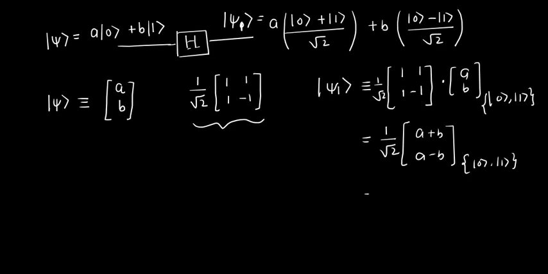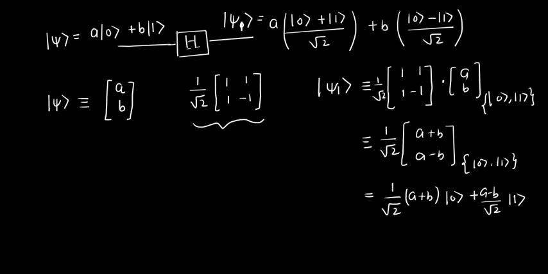In the superposition form you can write it like this: 1 by root 2 (A plus B) times ket 0, plus (A minus B) by root 2, the amplitude corresponding to basis ket 1.